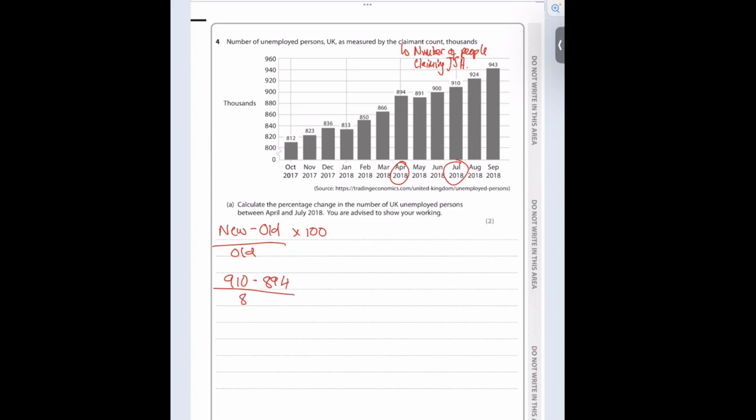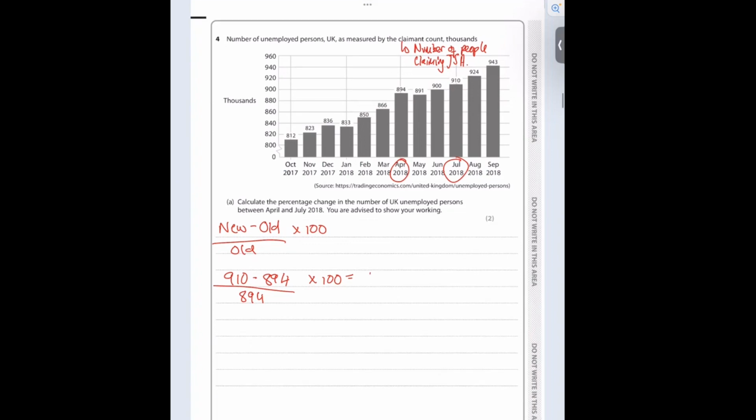Divide that by 894 times by 100. So 910 minus 894 is equal to 16. So 16 divided by 894 equals 0.017 times by 100. So I'm going to do it to 2 decimal places, so 1.79%.